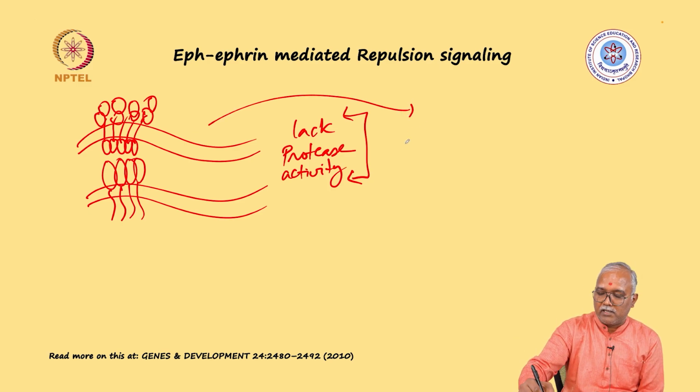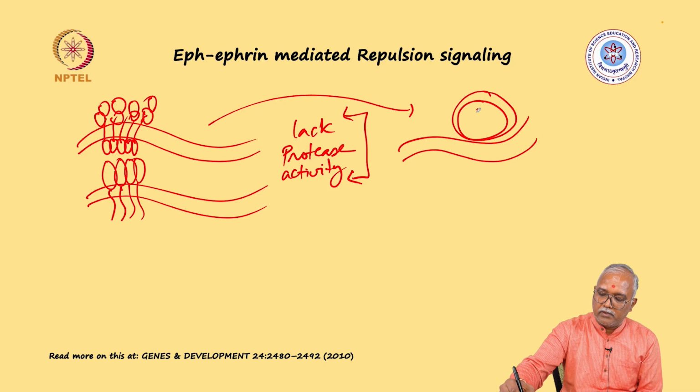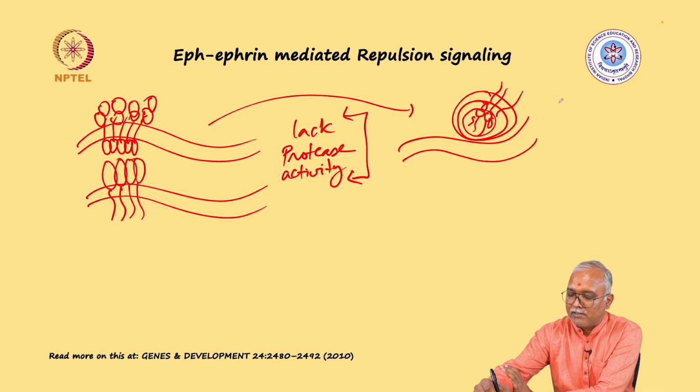That this cell will now take the entire complex with the entire receptor with it from the other side. So, basically you will have transendocytosis.